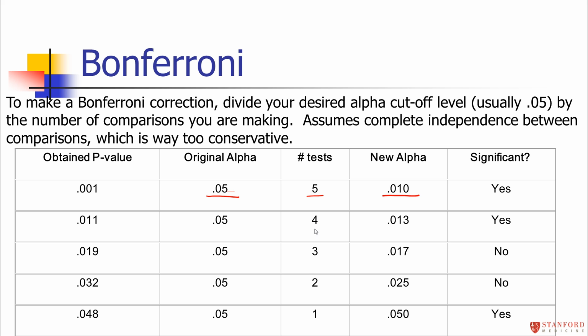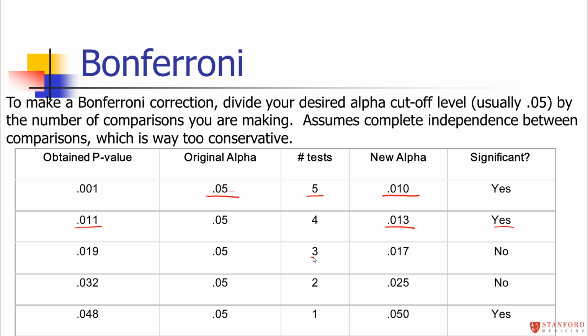If I ran 4 tests, then my new significance level would be 0.013, 0.05 divided by 4. You can see how easy this is to apply. You're just dividing 0.05 by the number of tests you ran to come up with a new cutoff for statistical significance. So let's say you got a p-value of 0.011. You want it to be under 0.013 for statistical significance here, so that would still be statistically significant.